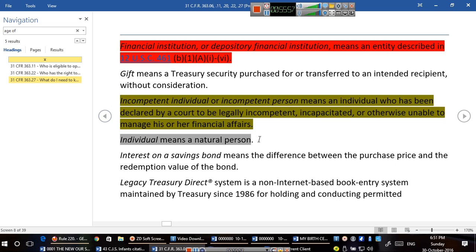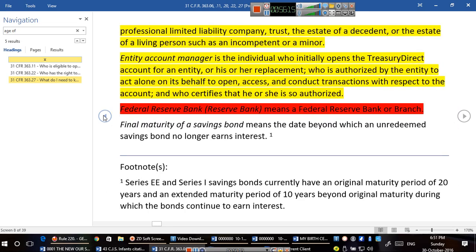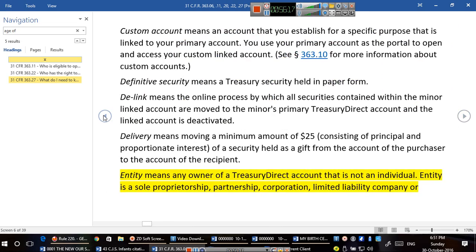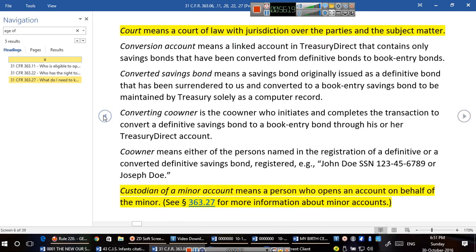Where's my means a natural person? So I'm sorry, the other one meant individual or an entity. Anyway, an individual means a natural person. Now, I want you to understand, as an individual, according to this statute, you are not an entity.